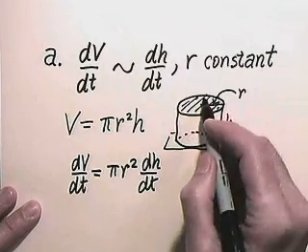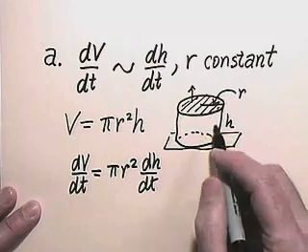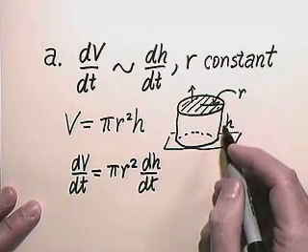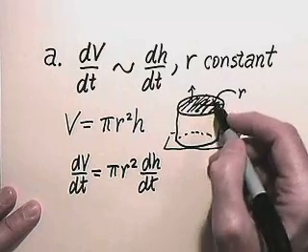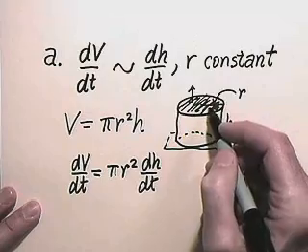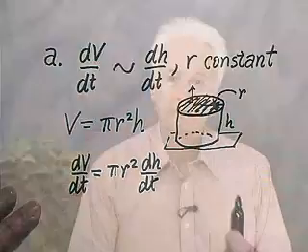That would mean this top of the cylinder is growing upwards. And so what that's telling us is that the rate of increase of the volume is the area of this moving surface times the rate at which it moves up.